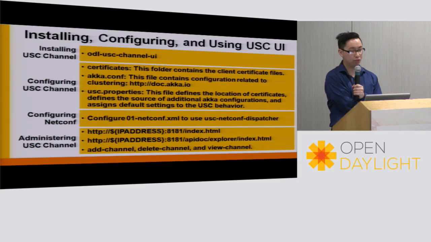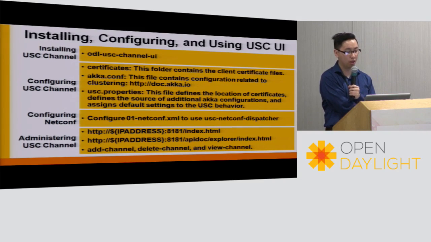There are some configurations required in order to actually use USC, and this is specified in our user guide. And I believe it's also specified in our developer guide. There are configurations that you would have to do to enable southbound clustering with our conf file.